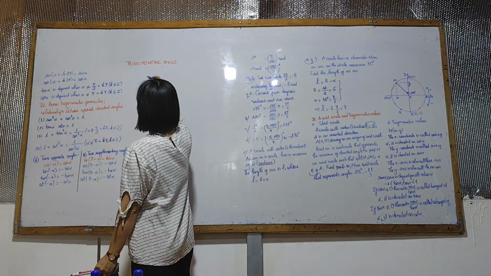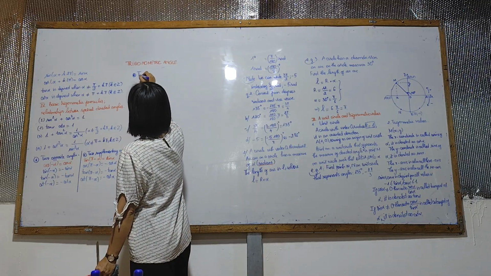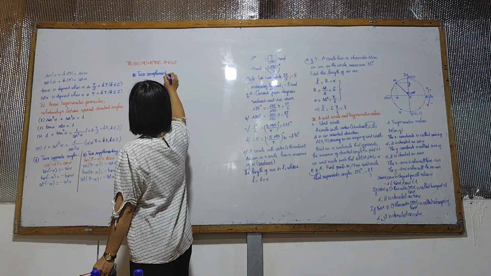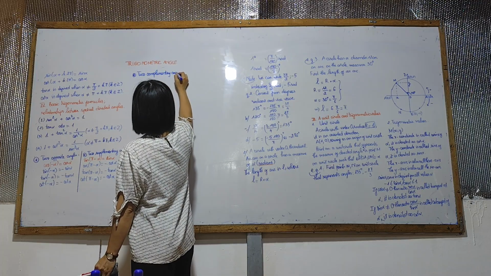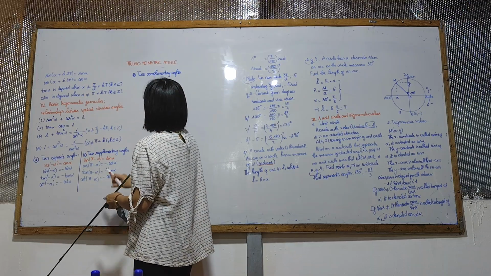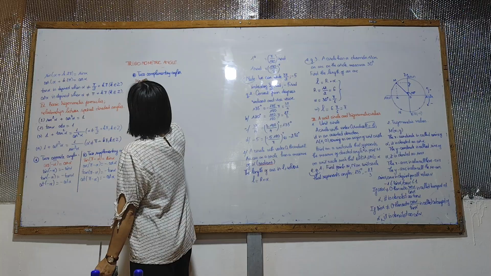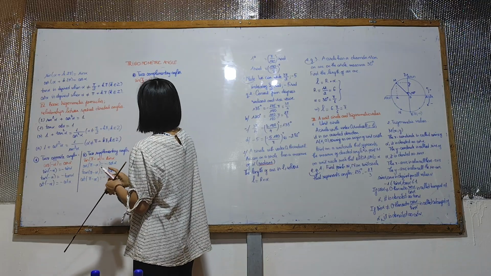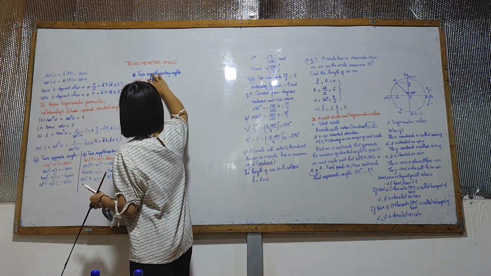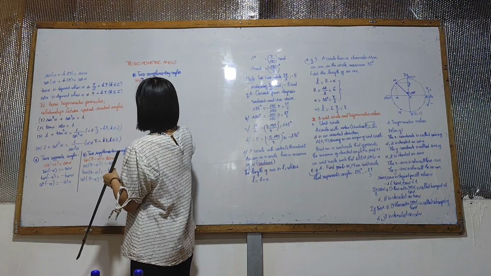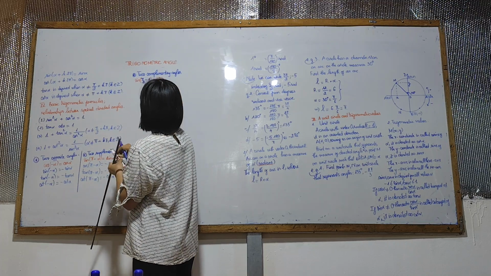Two complementary angles. If we have sine of pi over 2 minus alpha, the result is cosine alpha.